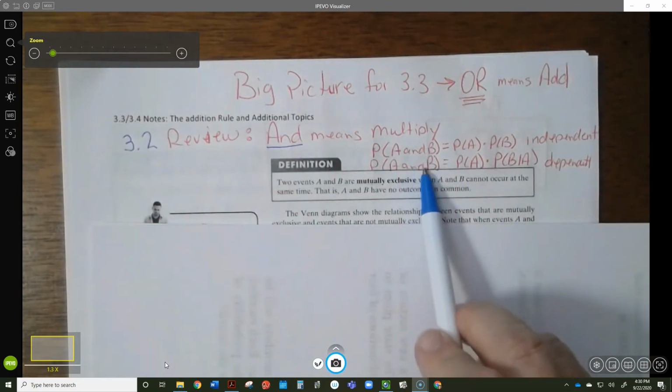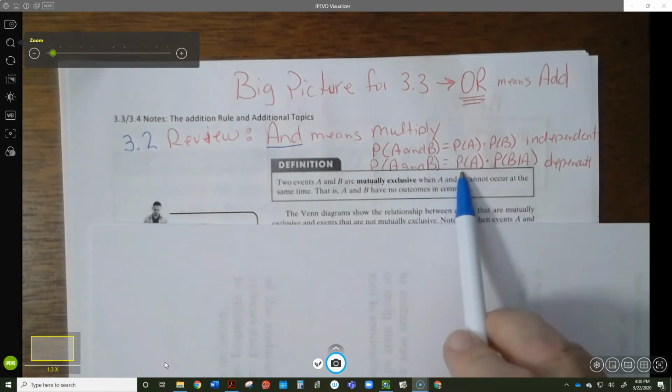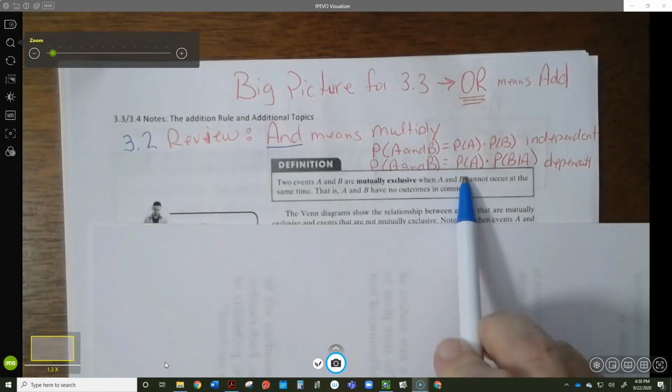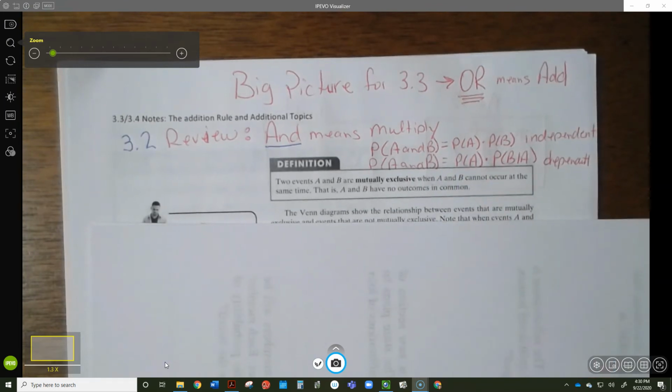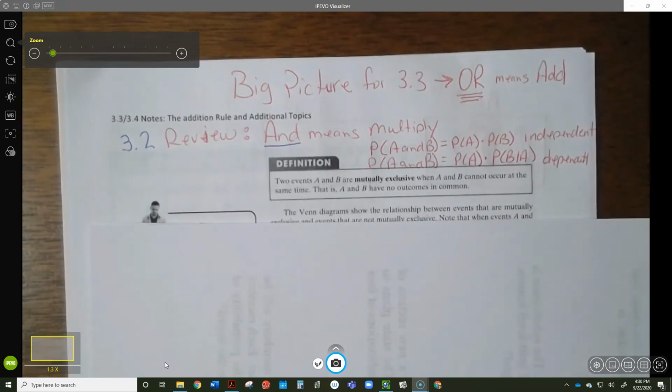Now remember, I'm going to give you a formula sheet, so it's not really that you have to memorize these formulas. That's not the big deal. I'll give you the formula sheet. What you have to be able to do is look at this formula and understand what it says. That's your goal.